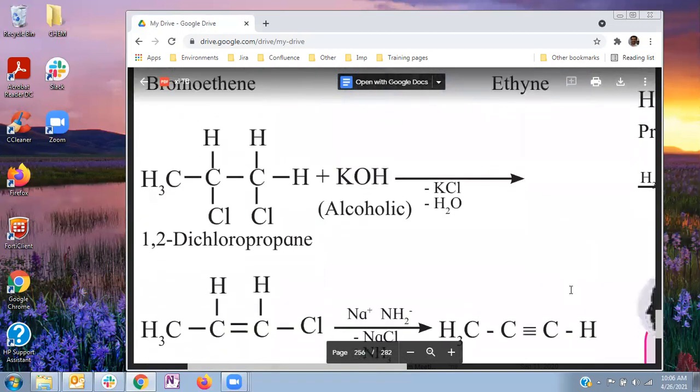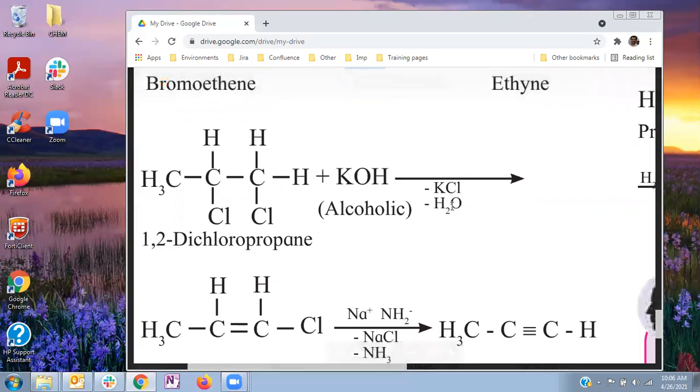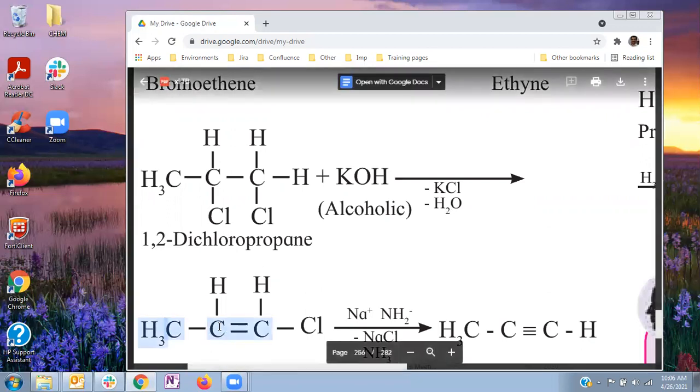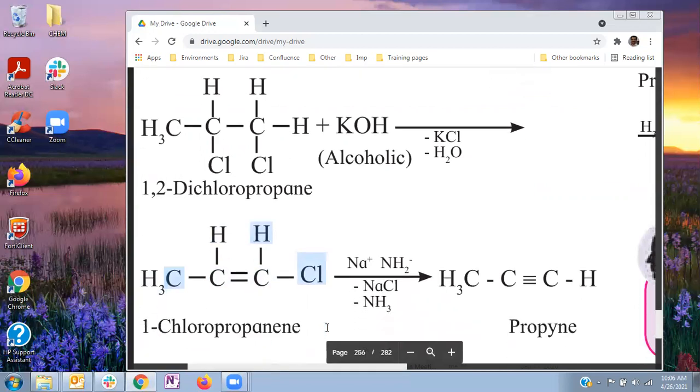The second example of this type is 1,2-dichloropropane, with two chlorine atoms present on the first and second carbon. This is one example of a vicinal dihalide. When treated with alcoholic KOH, again one hydrogen and one halogen are eliminated and it gives CH3CH double bond CHCl, that is 1-chloropropene.